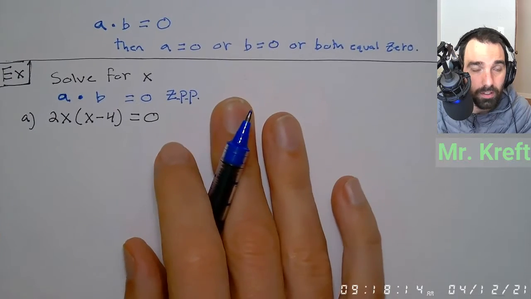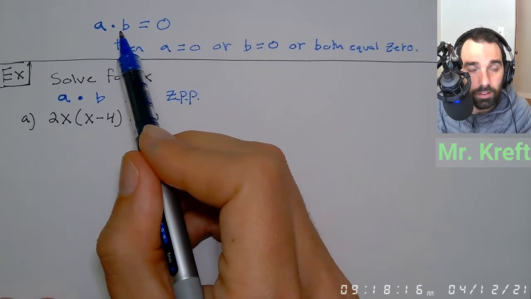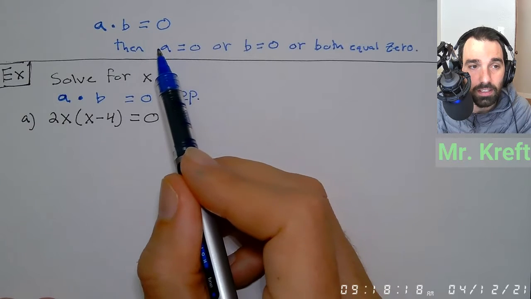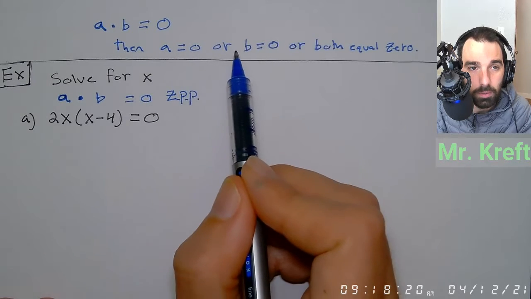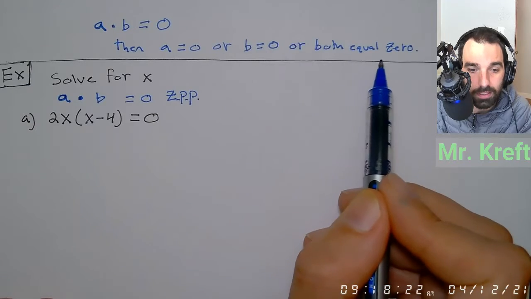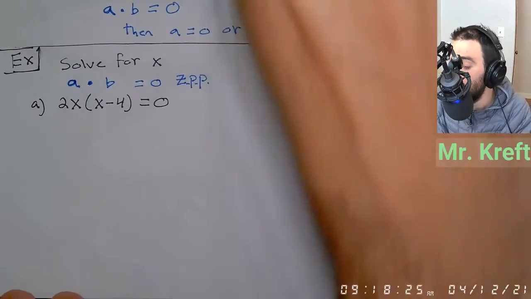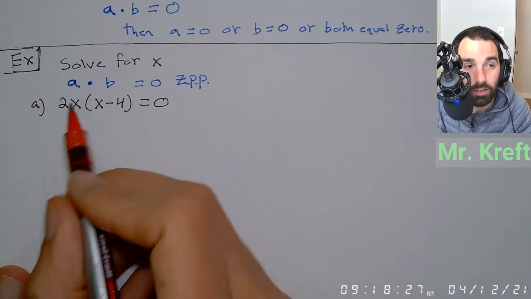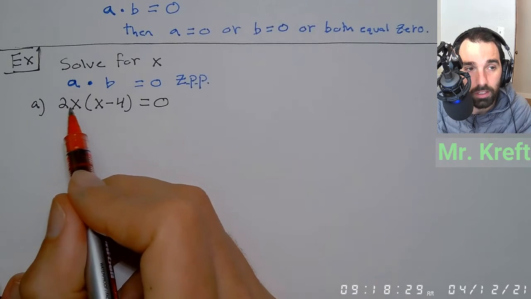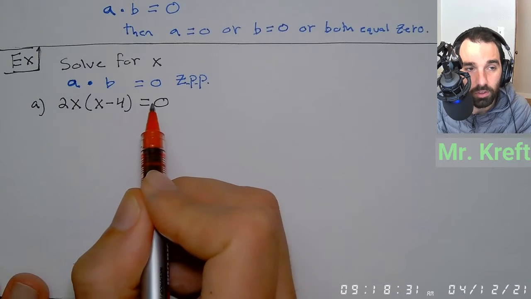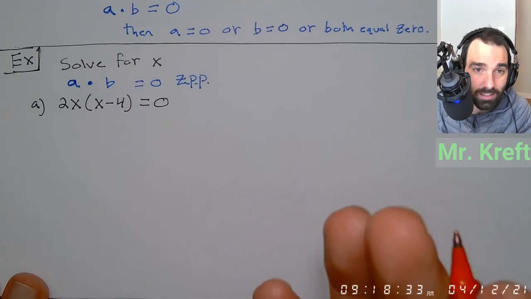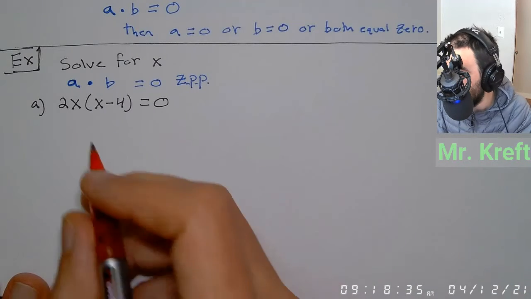And so we have to remember, if we have two things that multiply to 0, that means either A equals 0 or B equals 0 or both equal 0. To solve this, this is all you have to do. You just have to recognize, hey, I have two things multiplying to get to 0. The only way to multiply to 0 is you multiply by 0.